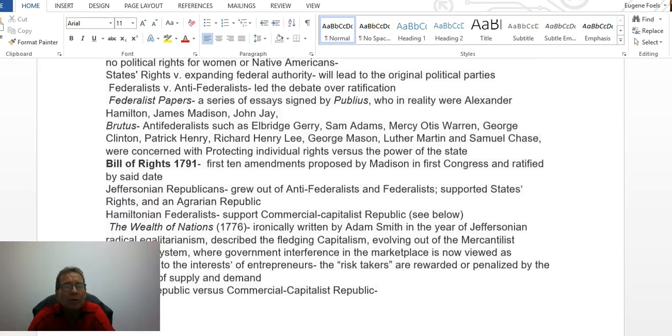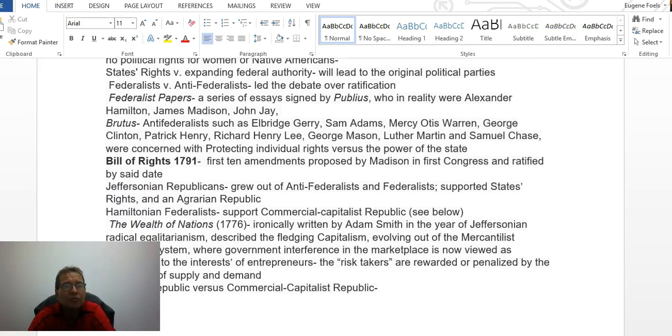And their arguments won the day because the Constitution was ratified. Publius was the pseudonym of Hamilton, Madison, and Jay. Brutus was the pseudonym in all these different essays that were written and published in state newspapers about this debate over the new system that was developed.